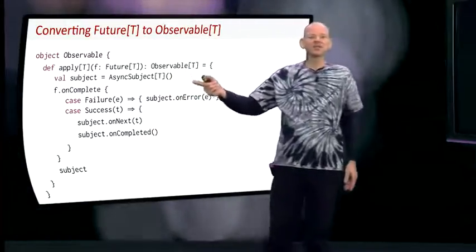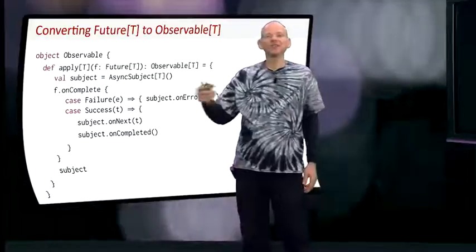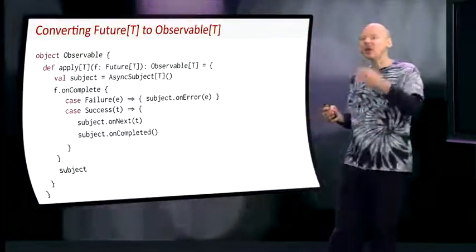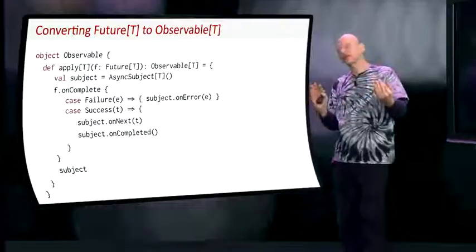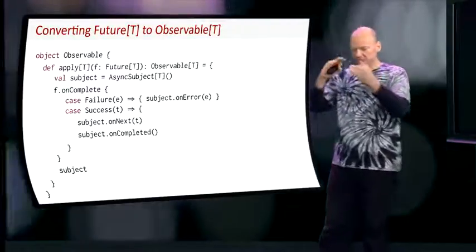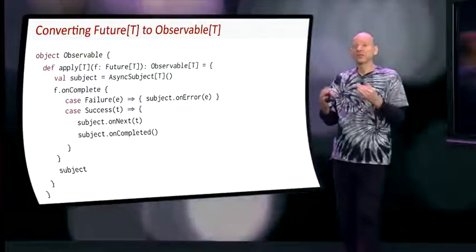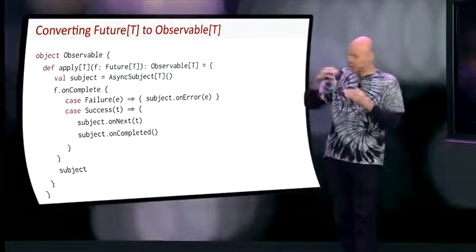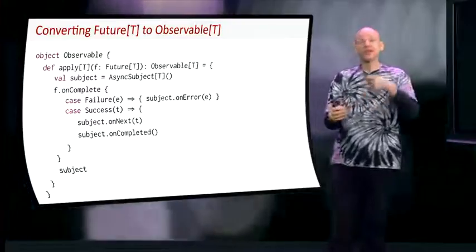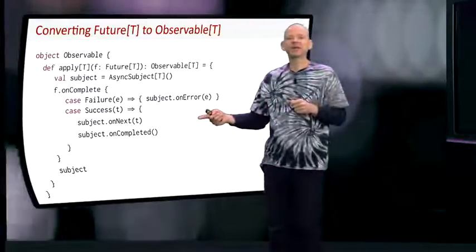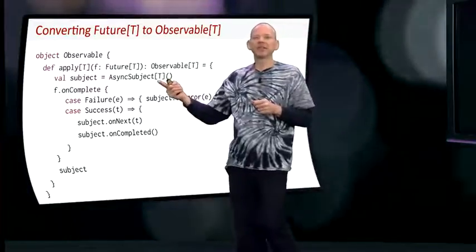Now, what this gives us is the behavior that we want from a future, that it only executes once. When you pass a callback, the complete callback or the incomplete callback, to a future multiple times, the underlying computation is run only once. And that's the behavior that we get here by using the async subject.